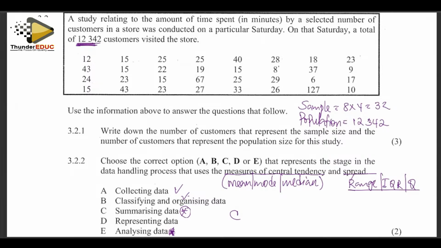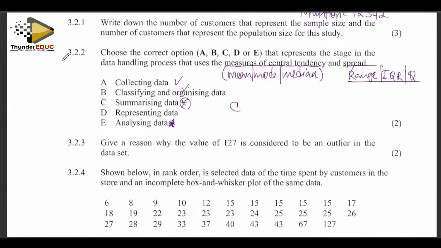Actually, oh yeah, these are ones, they're not that far from the tens. You see? But this is in hundreds. So it's at the extreme. So it's considered an outlier because it is at the extreme end of the data set.